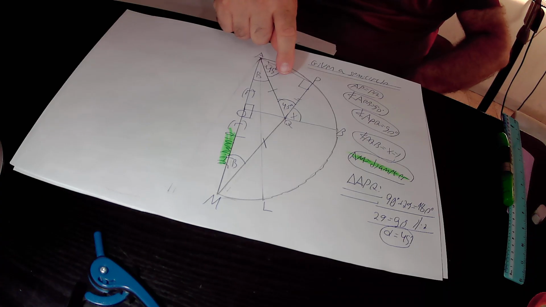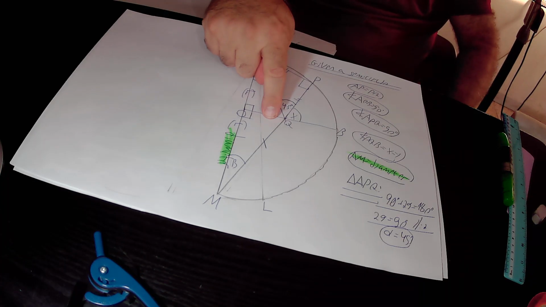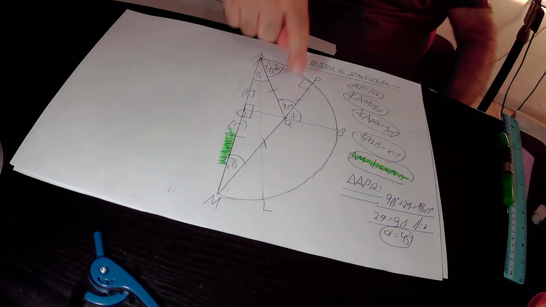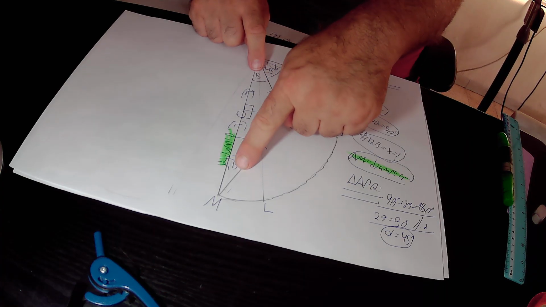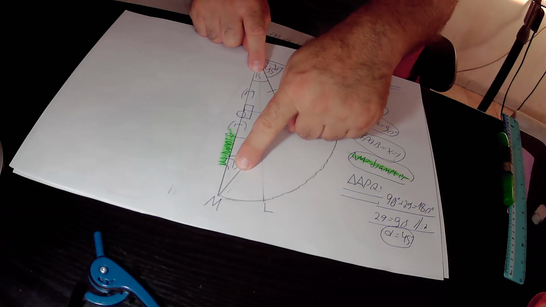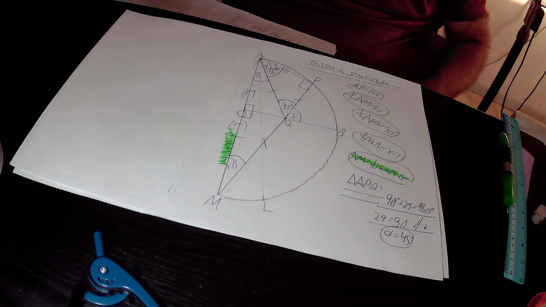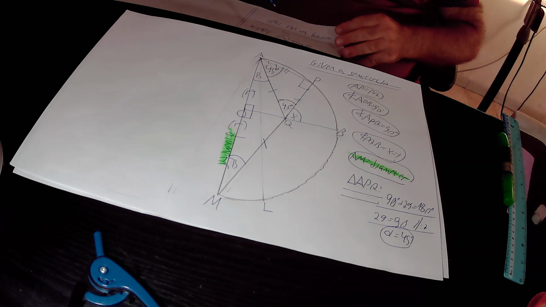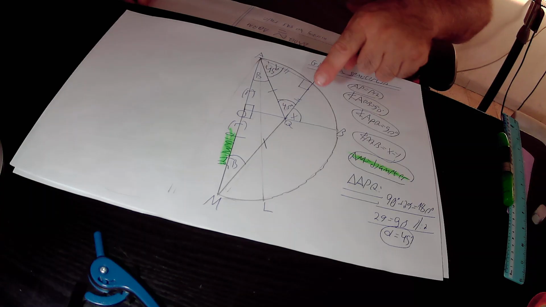The size of the exterior angle AQP is equal to the sum of the two interior angles that are not adjacent to it. This is angle AQM that is definitely adjacent to angle AQP. The two other interior angles that are not adjacent to it are those two interior angles. So according to rule 8, we get that the size of the exterior angle AQP is equal to beta plus beta.